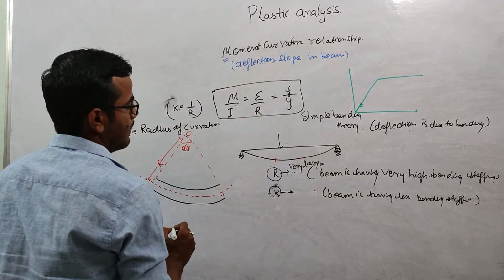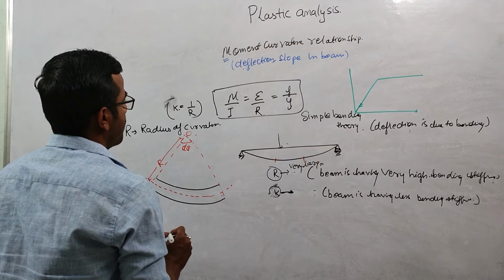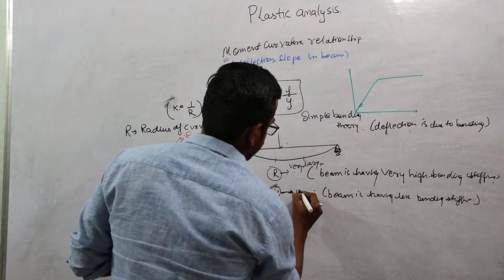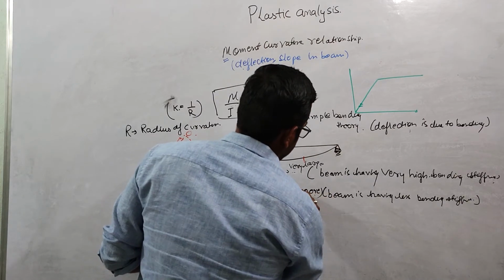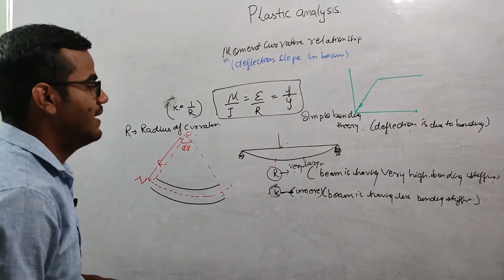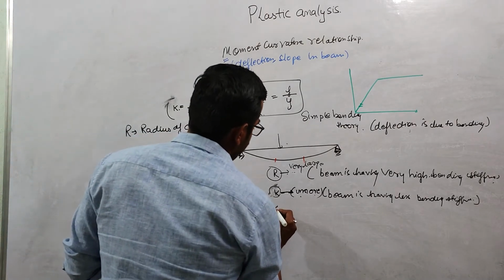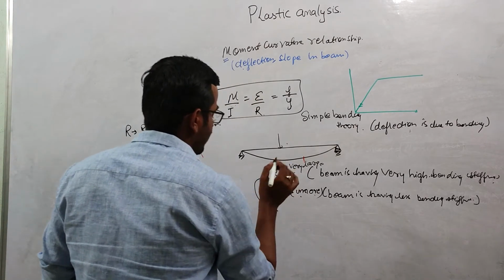If curvature is more, the beam has less bending stiffness. If curvature is less, then we come to the situation where R is very large.